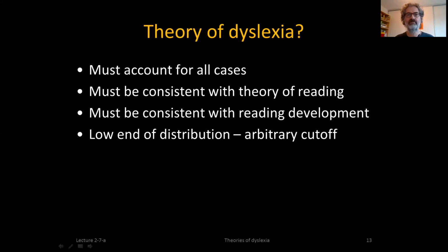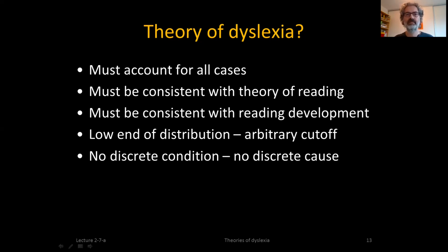The theory of dyslexia must also be very clearly indicative of where dyslexia is defined. The theory of dyslexia today must concern a distribution of reading skill, a wide range of performance in which we arbitrarily choose a cutoff level and define dyslexia to be anyone below that. This means that there is no discrete condition and therefore there cannot be a discrete cause.